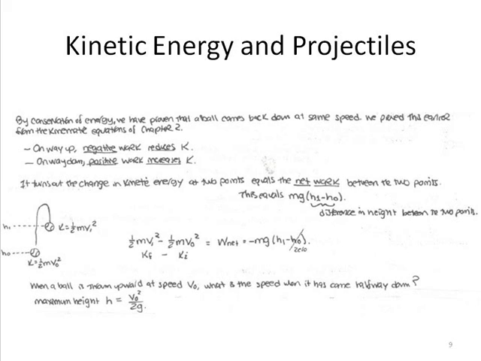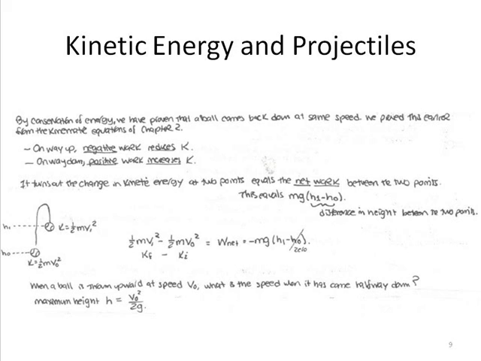We simply determine K_f, the final kinetic energy at some time that we're interested in, set the speed there equal to some value, here we've called it v1. Then we subtract the initial kinetic energy, and we set that equal to the net work, which is just minus mg times the difference in heights.